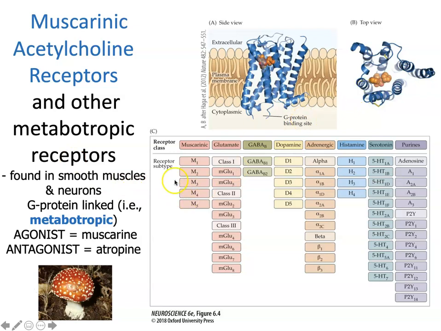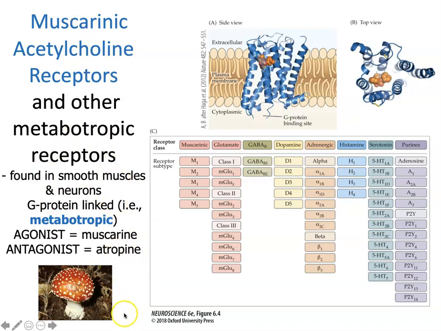This particular binding site will also bind to muscarine. Muscarine is an agonist and will allow for the receptor to function as it would when acetylcholine is bound. Or there are antagonists, so atropine serves as an antagonist for these smooth muscle muscarinic acetylcholine receptors.